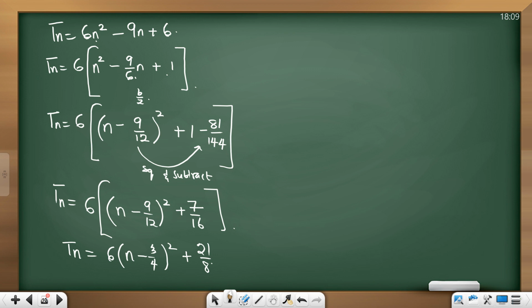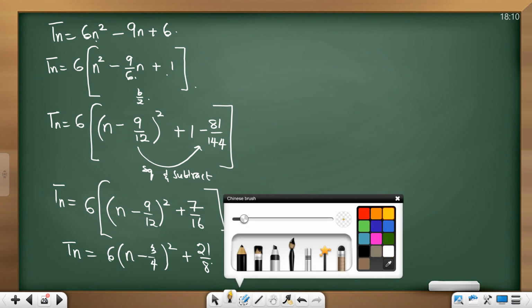Quickly. Remember the rules. N squared must have a positive 1 as a coefficient. Then I open my bracket, put a square there, divide. So that I'm writing the instruction for you, b over 2.